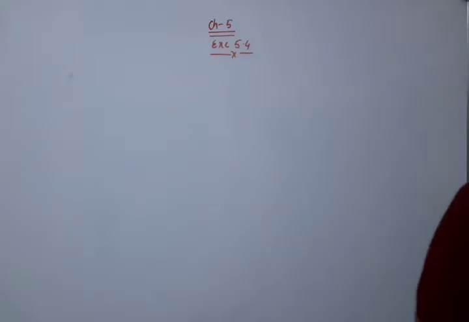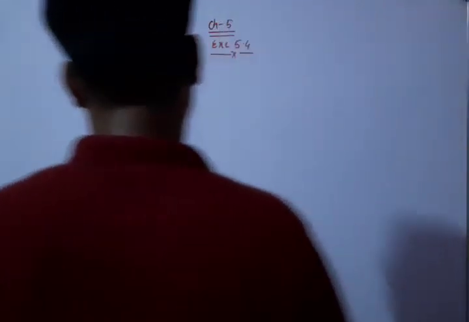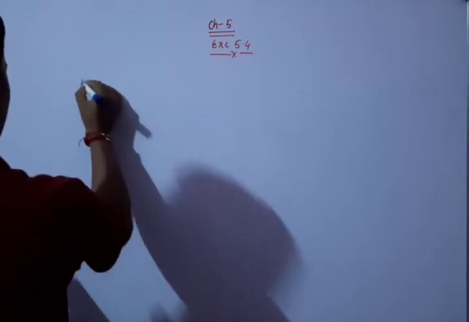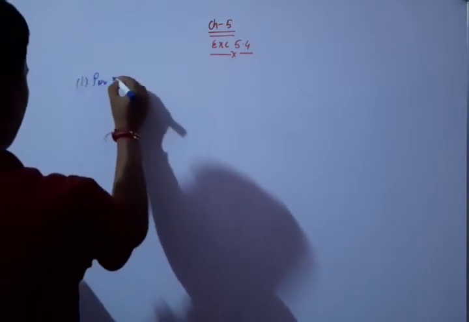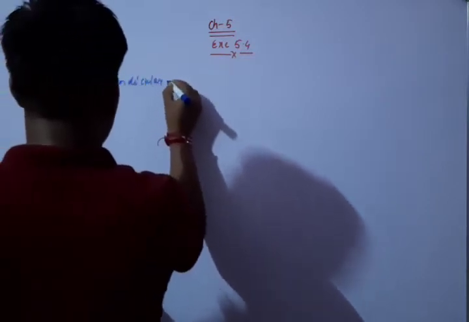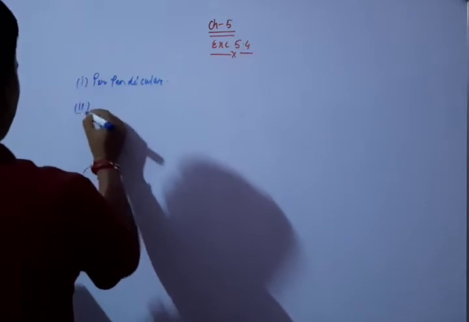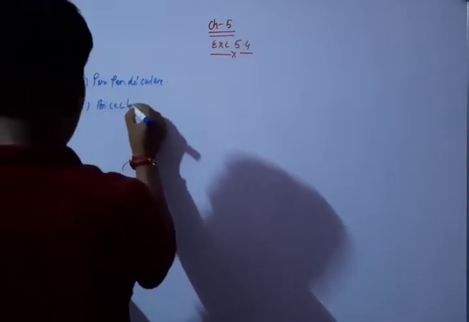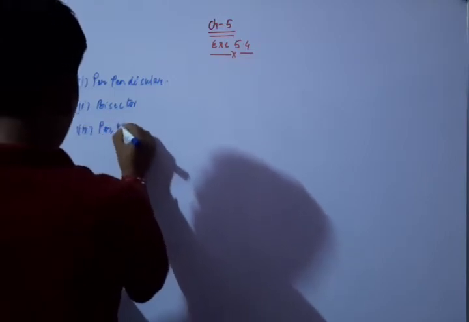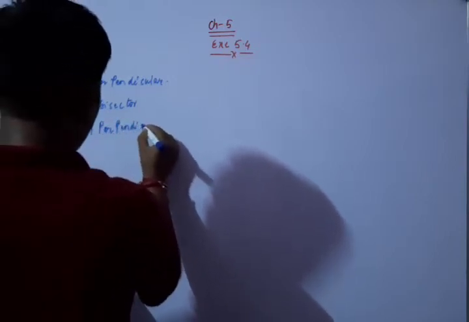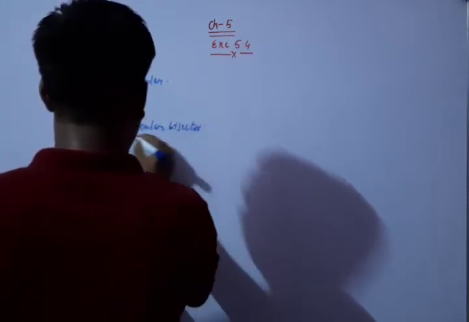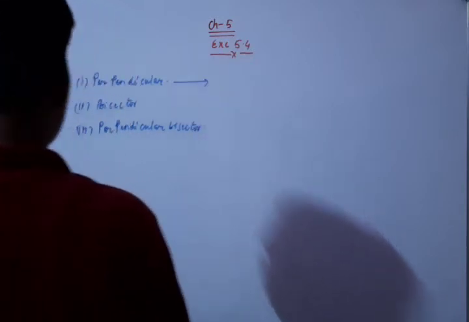Perpendicular bisector and bisector. Perpendicular lines is our next topic. So first of all, perpendicular. Next is bisector. Next is perpendicular bisector. So first we will see the definition of perpendicular.